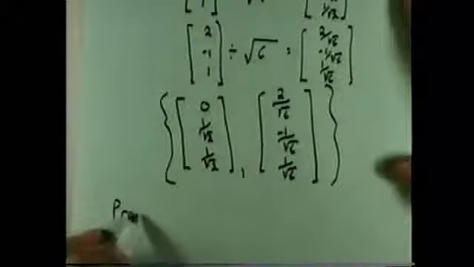Now, the orthogonal projection of vector B onto the column space of A is going to be B dot U1 times U1 plus B dot U2 times U2.